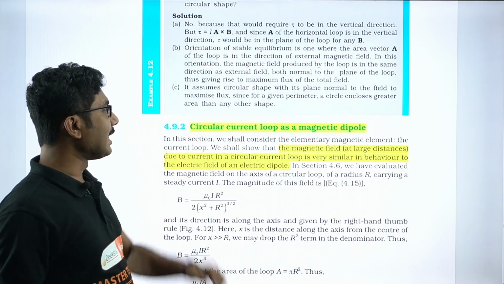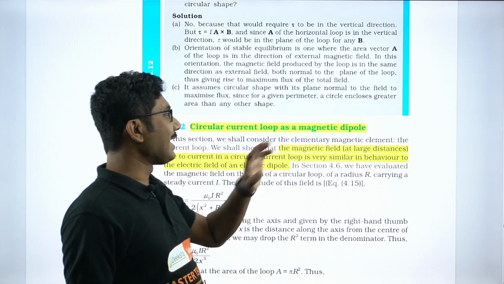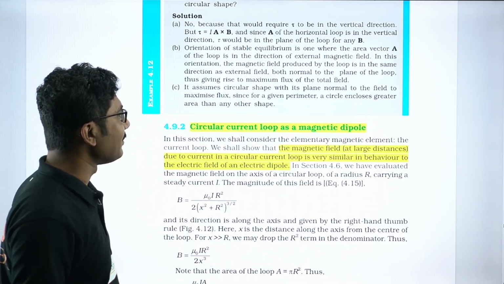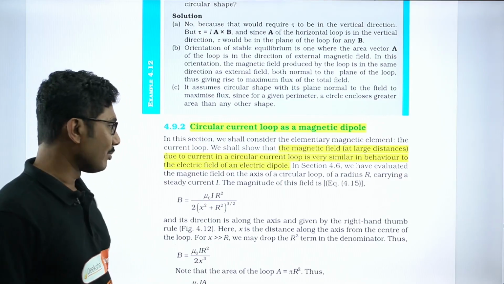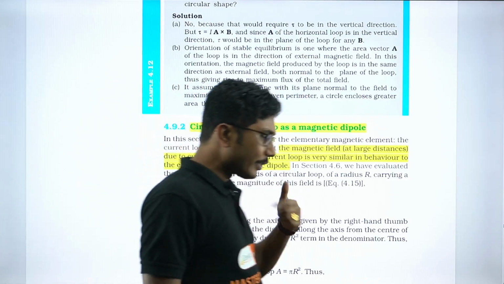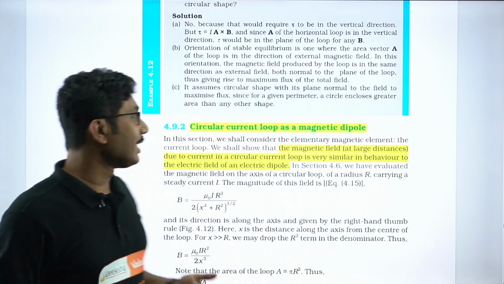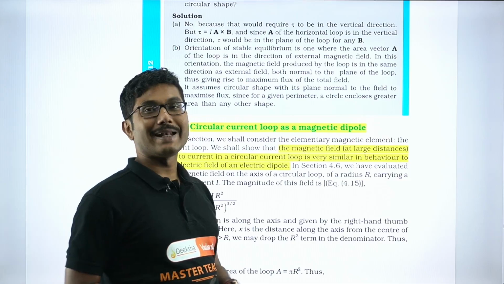Now, the circular current loop as a magnetic dipole. The magnetic field at large distances due to the current in a circular current loop is very similar in behavior to the electric field of an electric dipole. So when the loop is circular, it is similar to an electric dipole, and we call it a magnetic dipole.